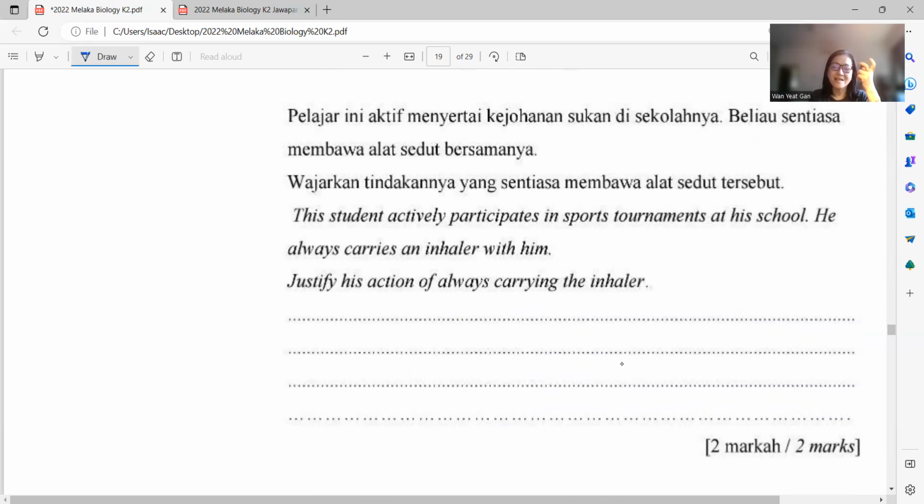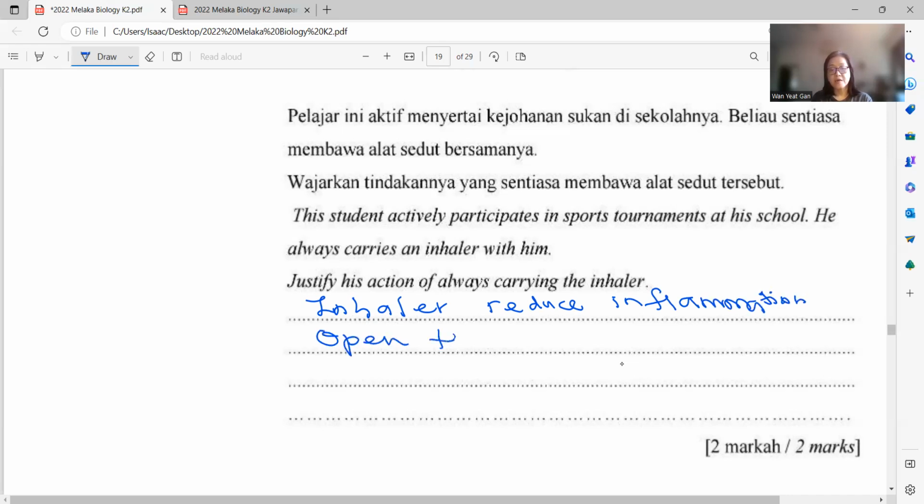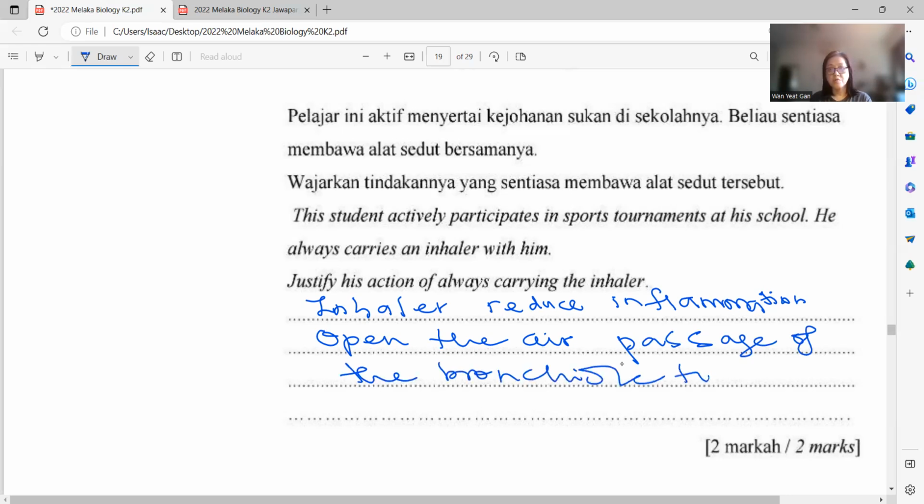He takes the inhaler to reduce the inflammation, so that it's easier for him to breathe. The air passage will be open, right? So to open the air passage of the bronchial tube, to help airflow, so he can breathe more easily.